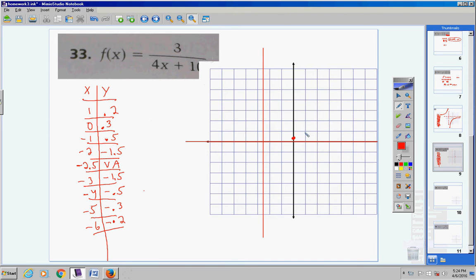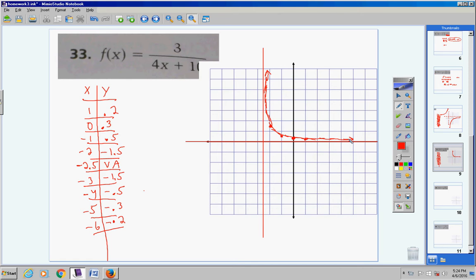So 1 is at 0.2. 0 is at 0.3. Negative 1 is at 0.5. And negative 2 is at negative 1.5. So about right here. So I can pretty much see what the graph's going to do, can't you? It's coming up. It's getting closer and closer to the vertical asymptote, but it's not going to touch it. Over here it's getting closer and closer to the horizontal asymptote, but it's never going to touch it.